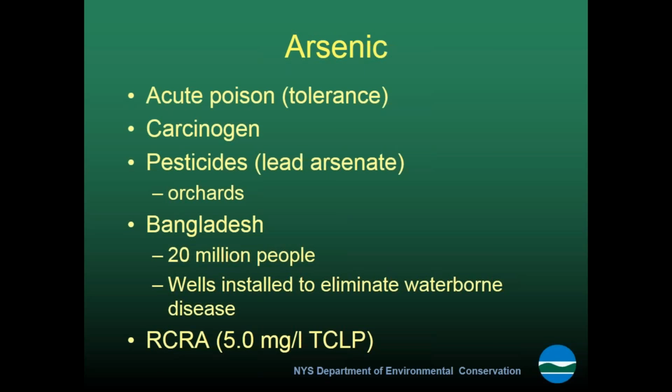But as the water table was drawn down, the geochemistry of the aquifer changed, and the arsenic levels in those wells increased, and now 20 million people in Bangladesh are suffering from arsenic poisoning. And it's very severe: cancer, dermal effects, and arsenic can be a very, very serious contaminant.